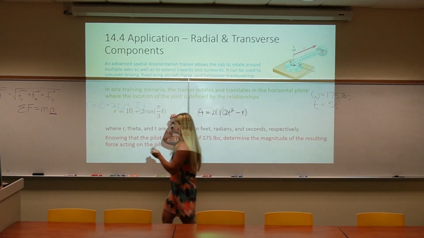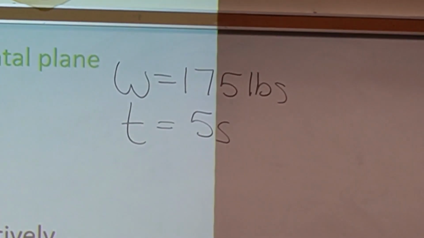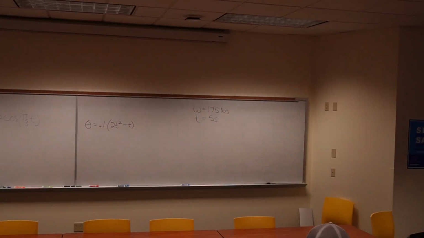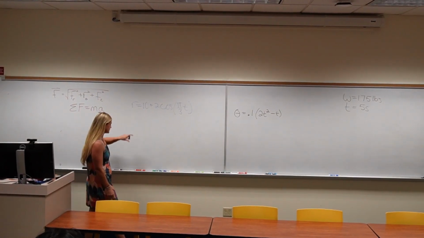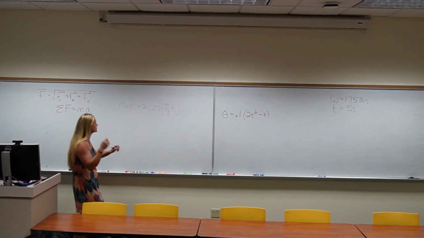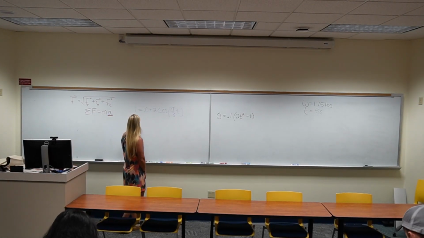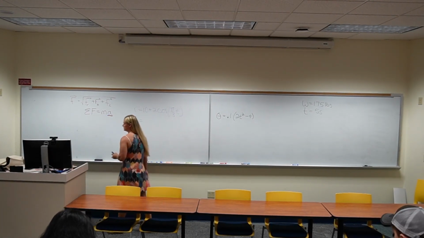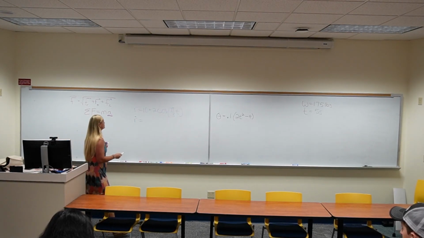Anything else I need to write down? I don't think so. Okay, so first of all, someone said we had to take the derivatives. If we take the first derivative of r, what are we going to get? Linear velocity. It's linear, okay?